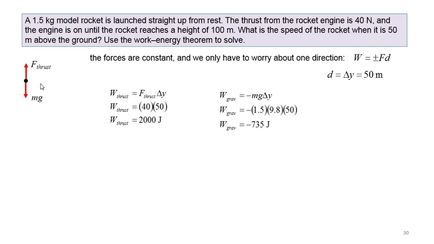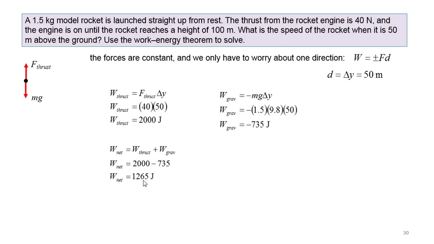I'm choosing the negative in this case because gravity is pulling down, but the object is moving upwards, so gravity does negative work in this case. So here I've plugged in for the mass, mg, and delta y, and I get negative 735 joules. So my net work is going to be the sum of those two works, or 2,000 minus 735, or 1,265 joules.